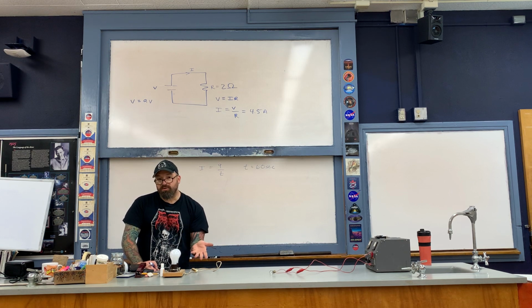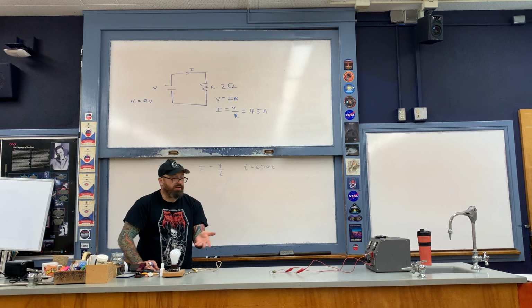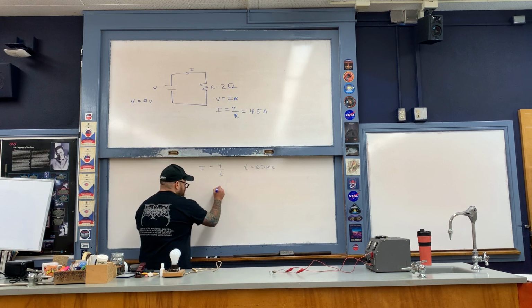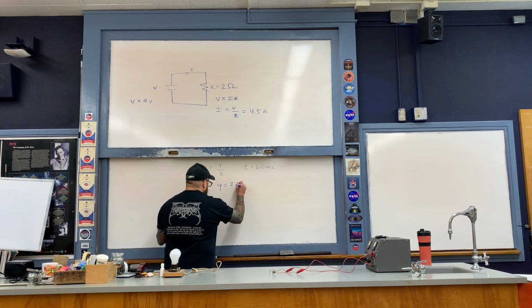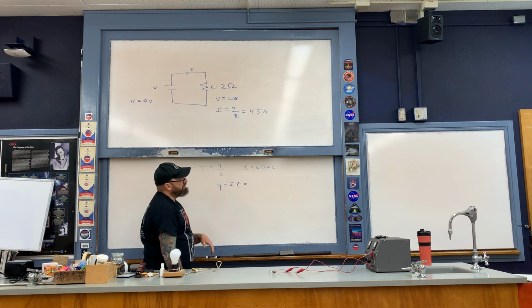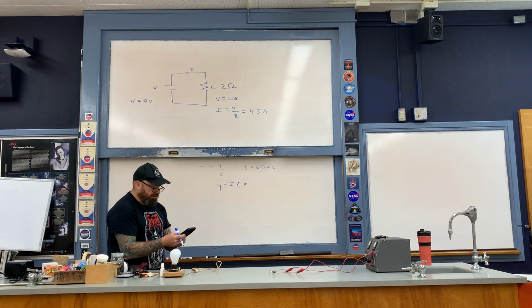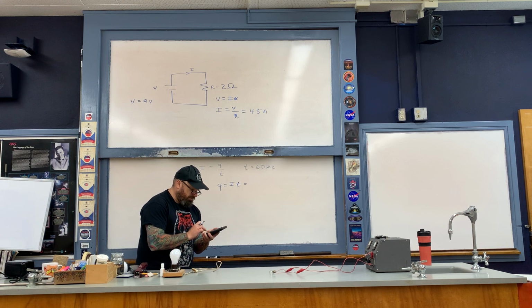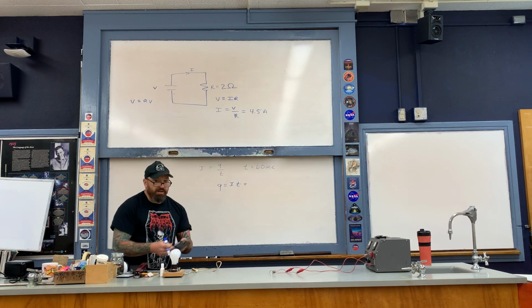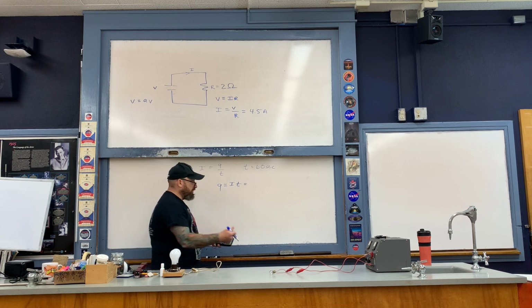We're going to do the same thing here, but in this case we're going to calculate the amount of charge Q. So the amount of charge Q is I times T. So it's going to be 4.5 amps multiplied by 60 seconds. So let me go ahead and multiply that out. Okay, and then we end up with 270 coulombs when we do.